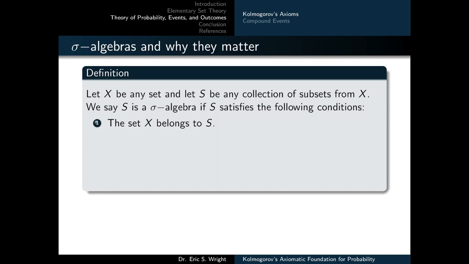One common pitfall would be if you had a few elementary events stored in S, and then you formed a compound event between two or more of those elementary events, only to find that that compound event doesn't belong to S, making it an event that you're essentially not allowed to study.